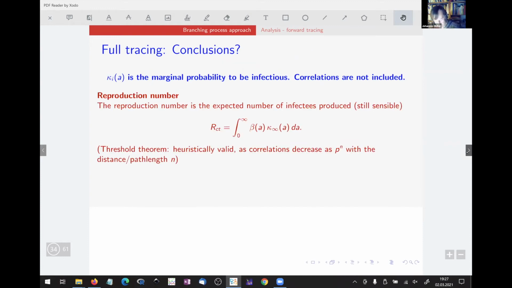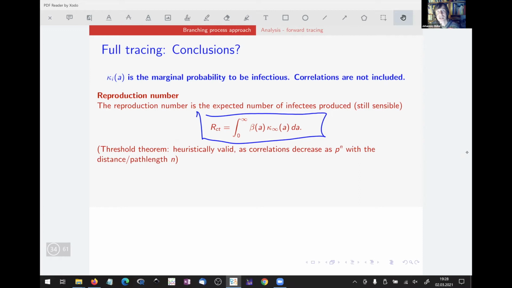What we can do is, of course, still define the reproduction number. So the expected number of secondary cases for a third generation individual, or if you take the generation to infinity, which is the asymptotics, where we are interested in this reproduction number. And that's a proper reproduction number. Normally, if you have the reproduction number, we readily also have a threshold theorem.